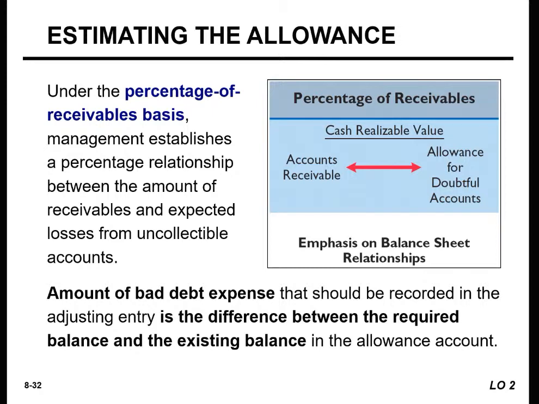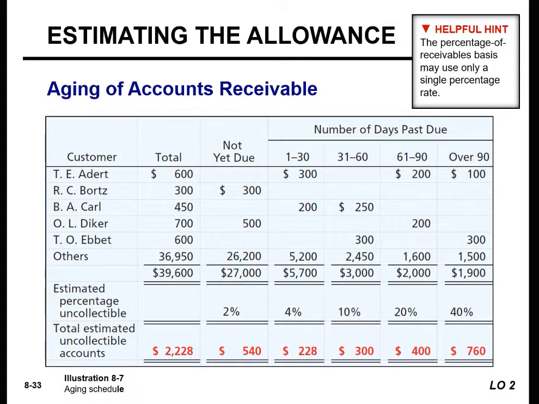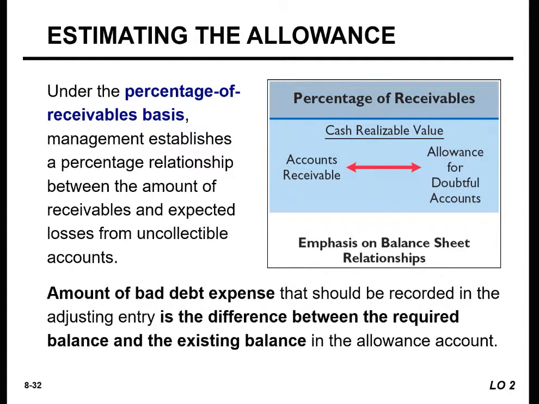Companies often prepare a schedule in which the customer balances are classified by the length of time they have been unpaid. Because of the emphasis on time, this schedule is often called the aging schedule.